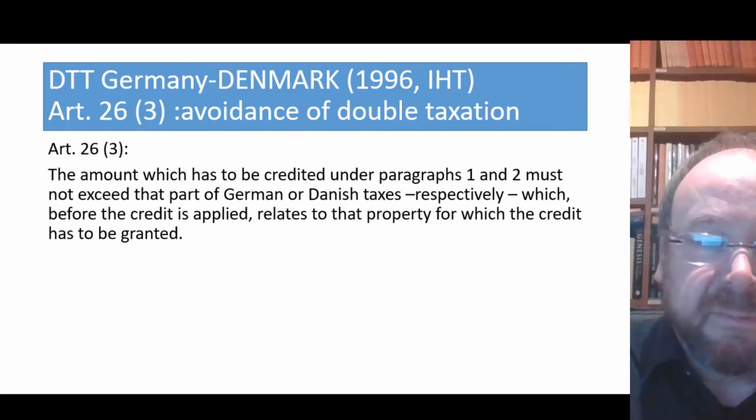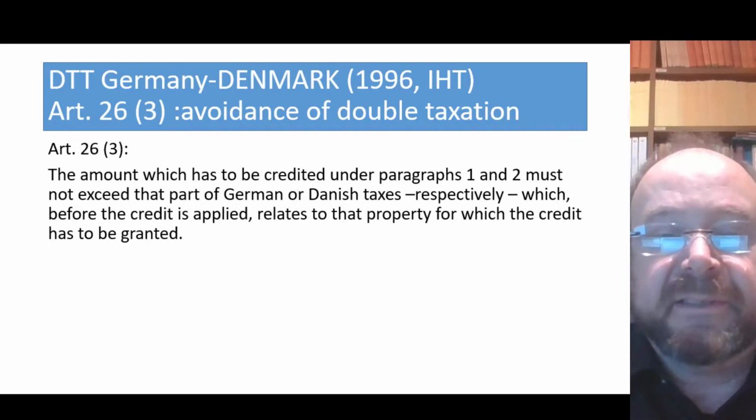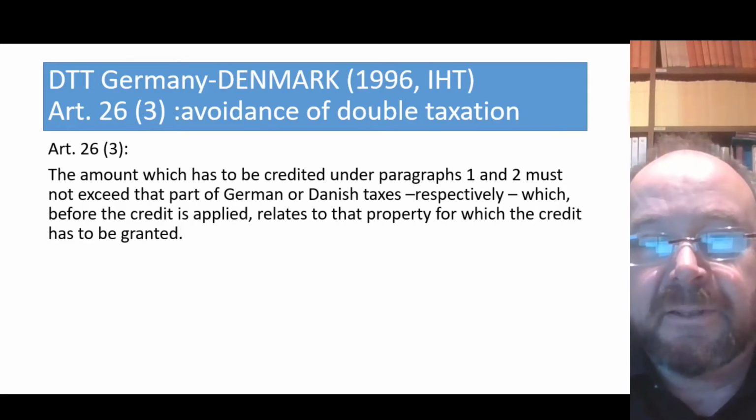Now there is even the clarification that the tax credit must not be higher than the tax which the state of residence which applies the credit method wants to take for itself.